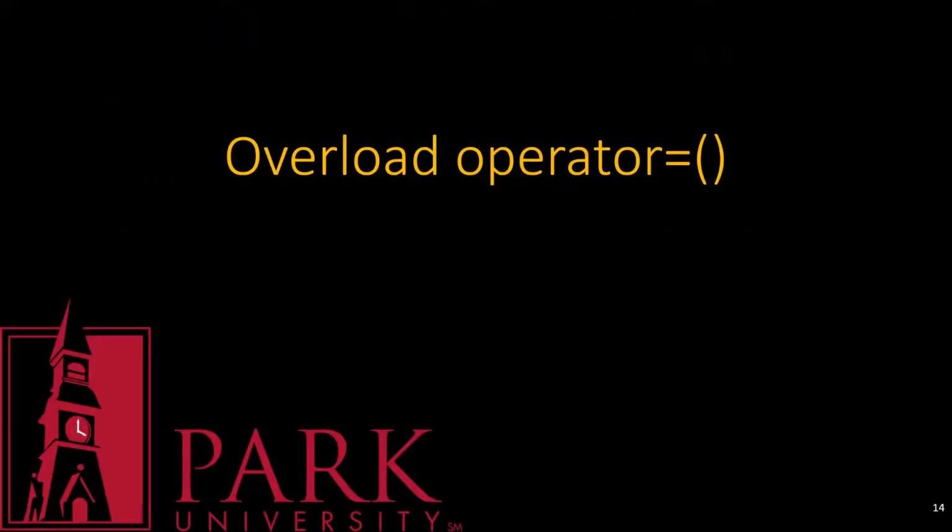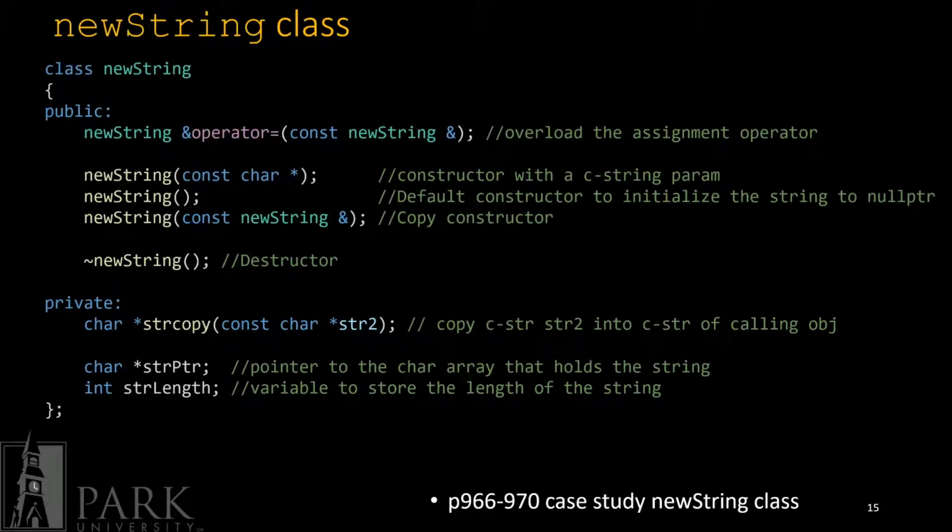So let's take a look at the overloaded assignment operator. To do that, we're going to look at the new string class that's in the textbook. It has a pointer data member which points to a dynamic char array. It has an integer variable to keep track of the length of the string. Because of this pointer data member, it needs a destructor.